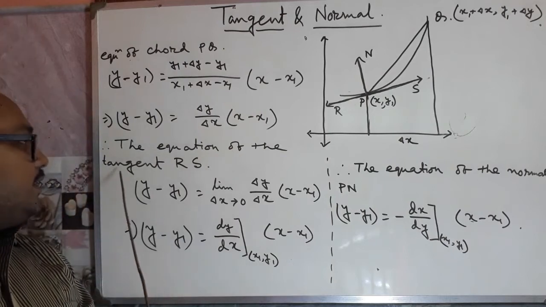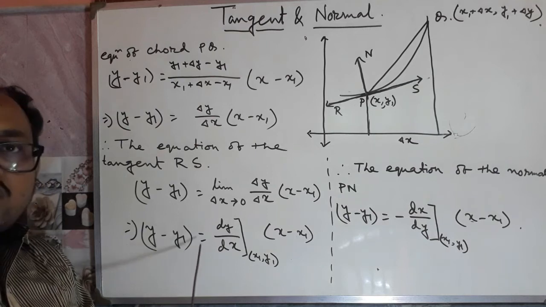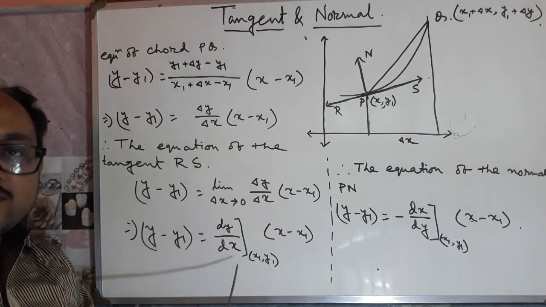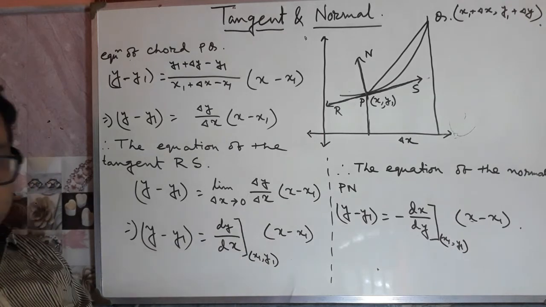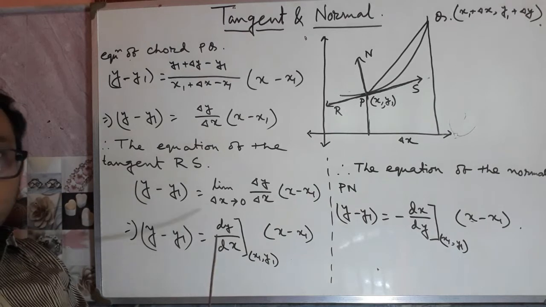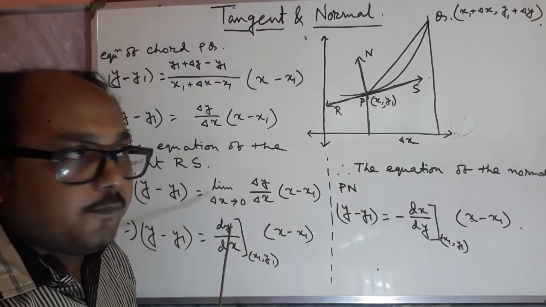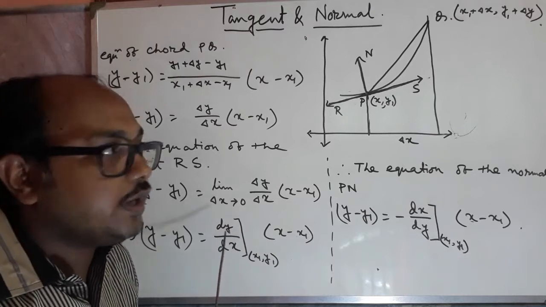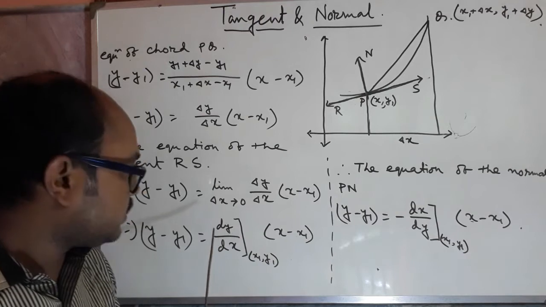So ultimately the equation of the tangent becomes y minus y1 is equal to dy dx at the point x1, y1 into x minus x1. Now the equation of the normal. We know the normal is perpendicular to the tangent. For two perpendicular lines, we know m1 m2 is equal to minus 1, that is, the product of the slopes is equal to minus 1.